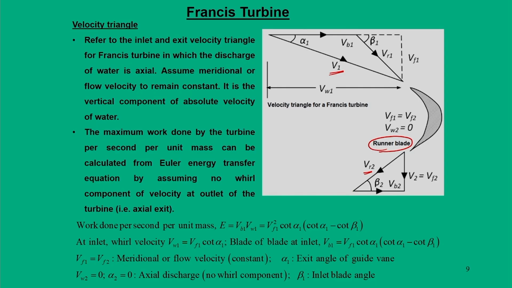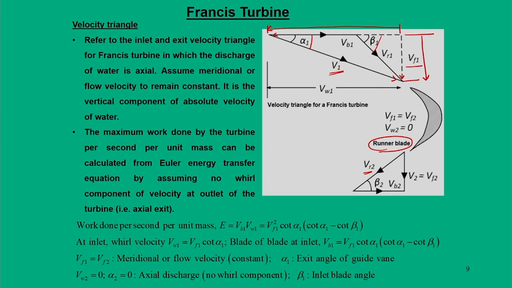The first point is that there are angles: we call these the guide vane angle alpha 1 and the runner blade angle beta 1, and in this velocity triangle we have two components, Vf1 and Vw1. Vw1 is directed opposite to this, so that we get this velocity V1 in these directions.